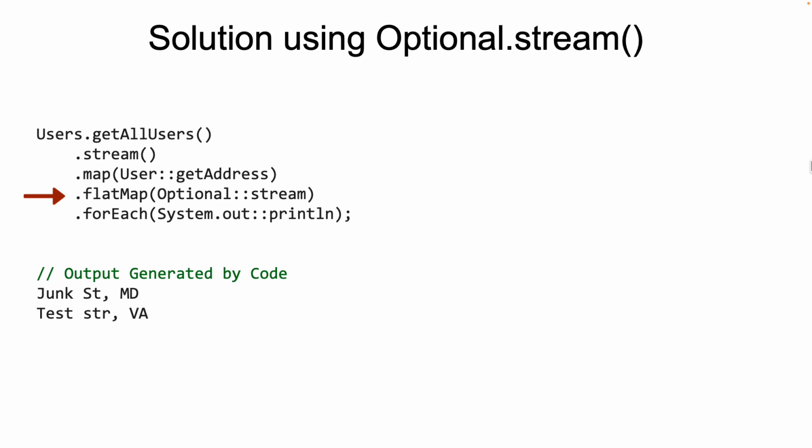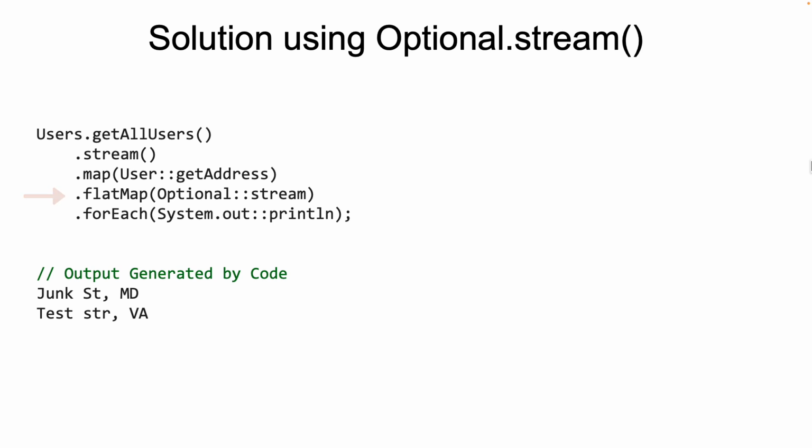And this results in a stream of String. Now note that we cannot call map instead of flatMap here, because otherwise the output will be a stream of stream of String. The call to flatMap will essentially flatten the stream of stream of String to a stream of String, making life much simpler for us.